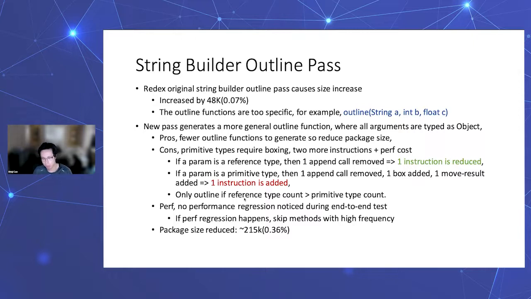Our backup plan is, if we notice any performance regression, we will do some profiling to find a set of methods with high frequency usage, then we can ignore the auto refactoring in these methods. The overall profit for this pass is that we reduce the package size by 0.3%. So that's the first pass.